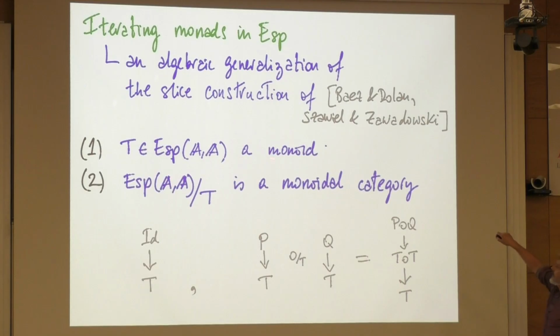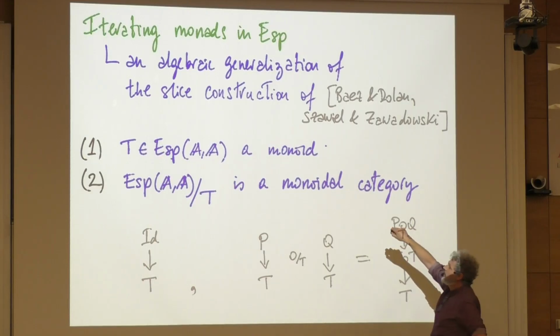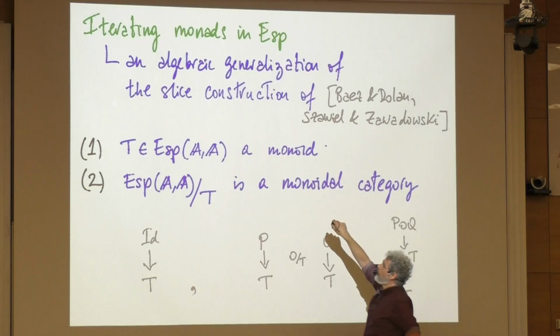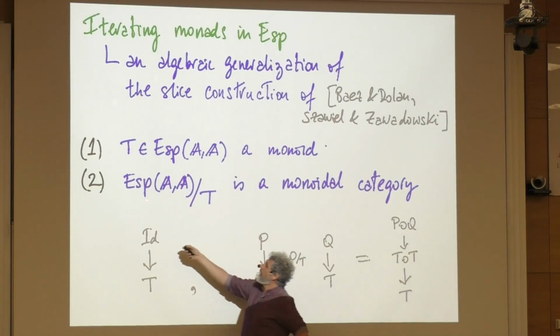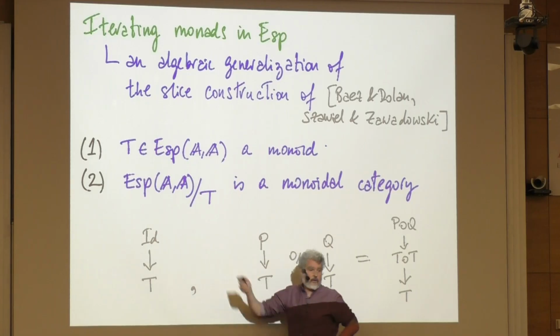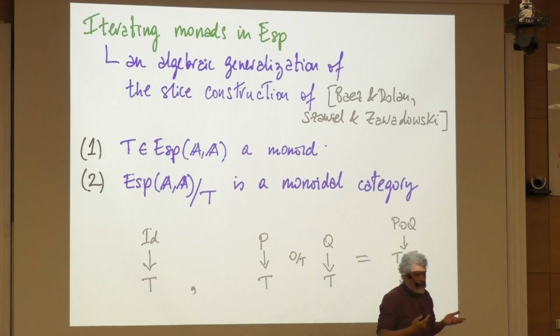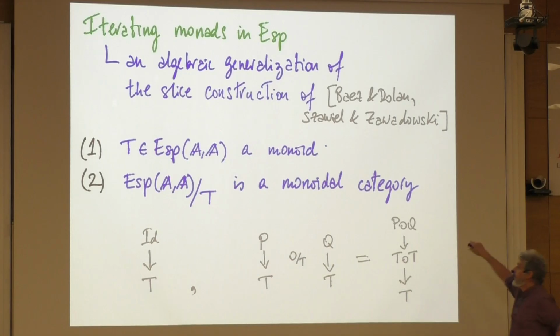So first of all, I take my operad on A. It's a monoid in the endohome of species. This monoidal category sliced by a monoid gives me a new monoidal category. This is standard category theory. So now I have a new monoidal category.